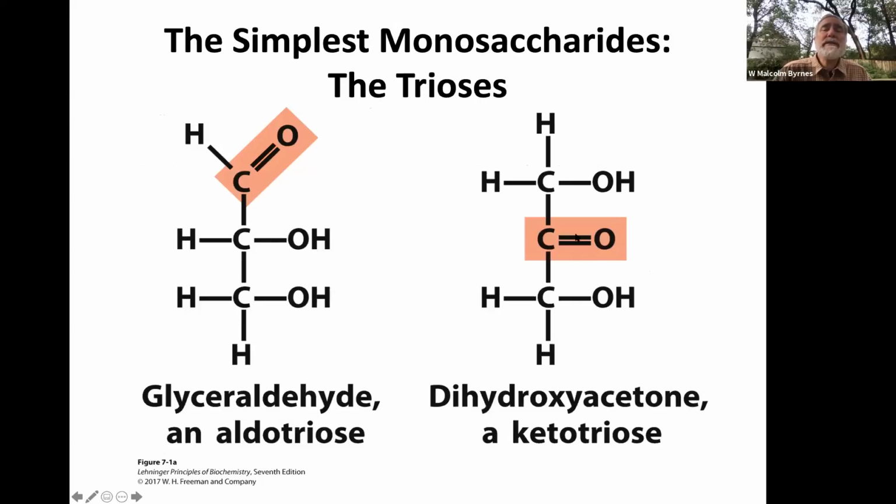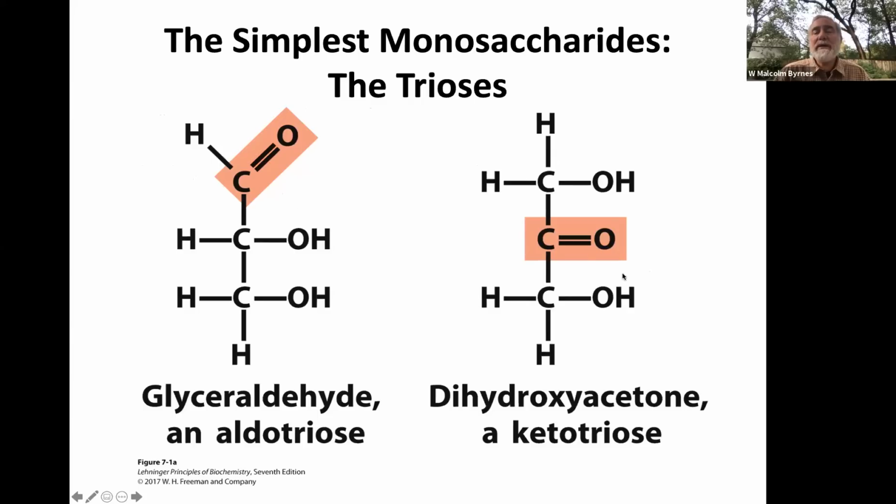So let's look at the simplest monosaccharides, the trioses. So we see here two examples of a triose. On the left is glyceraldehyde. Notice it has 3 carbons. That makes it a triose. It also has an aldehyde functional group. So it's an aldotriose, glyceraldehyde.